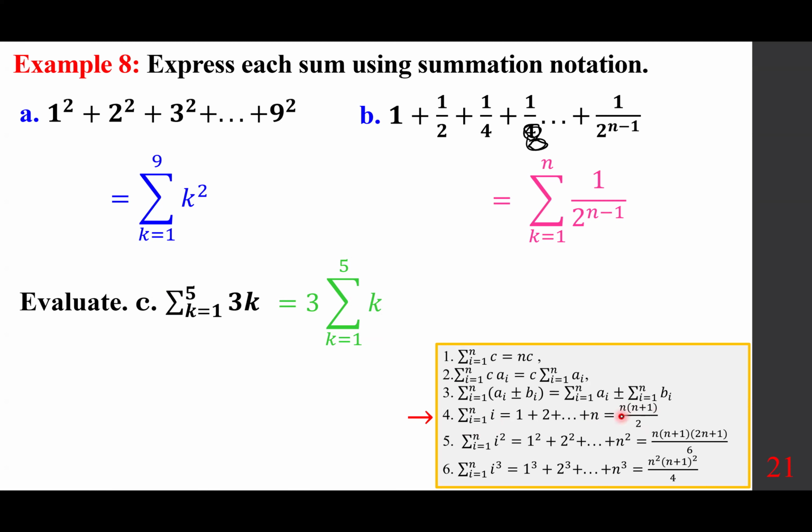n times n plus 1 divided by 2, where n is 5, everybody. So 3 is a multiplier. n is 5. 5 times 5 plus 1 divided by 2. So 3 remains, and then 5 times 5 plus 1 divided by 2.